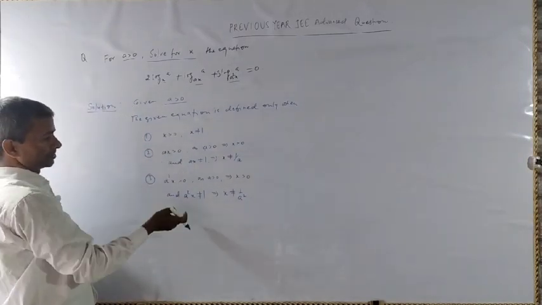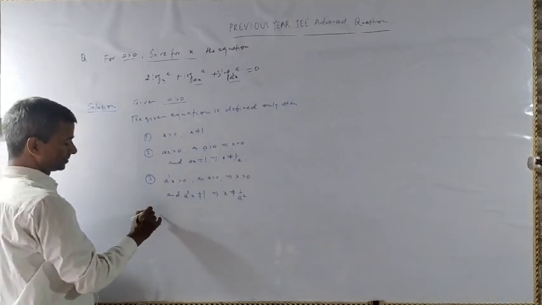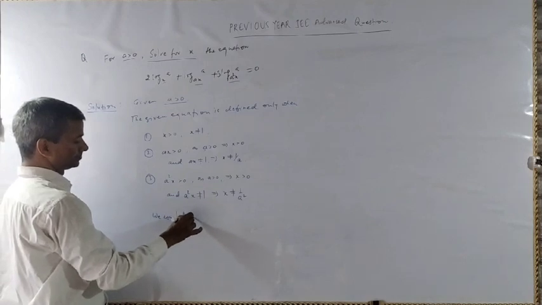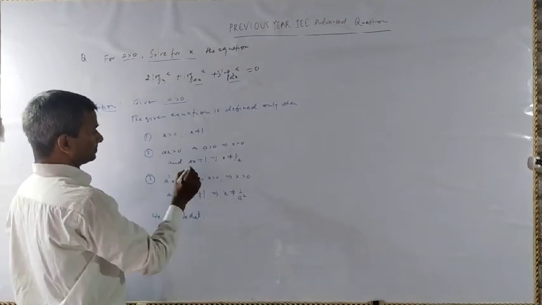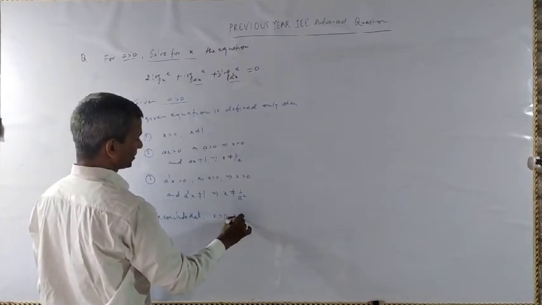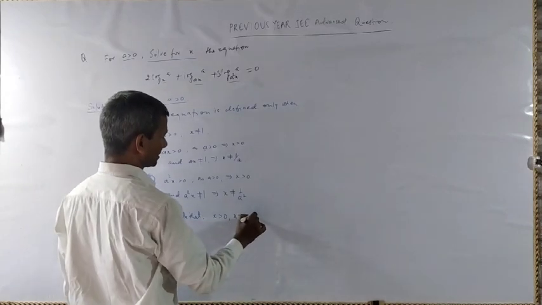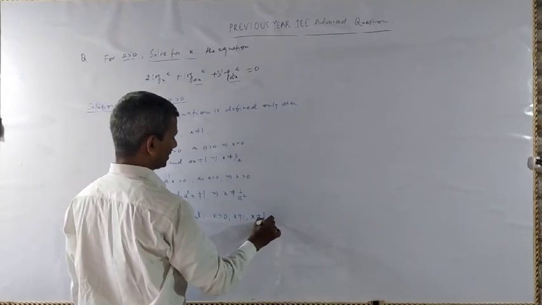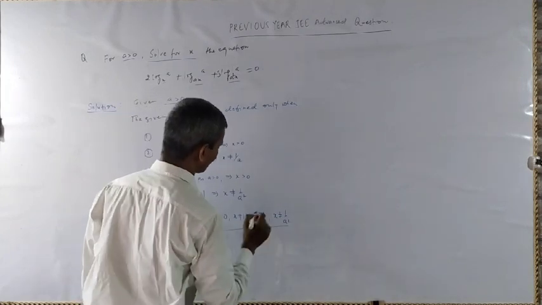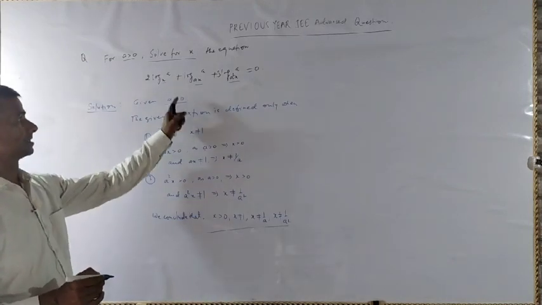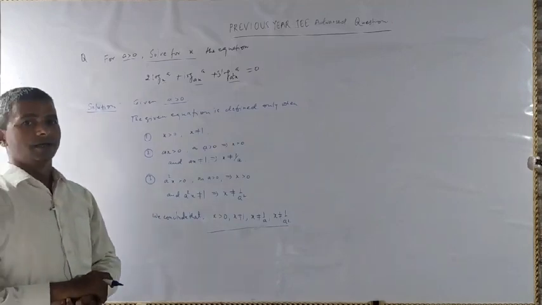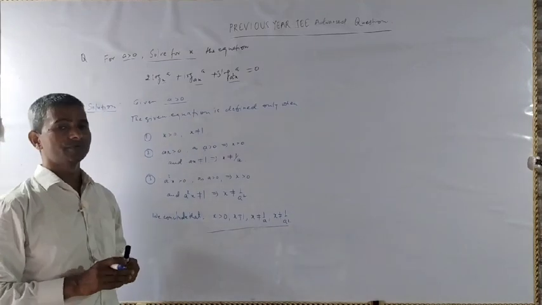Taking all these into consideration, we conclude that x should be greater than 0, x is not equal to 1, x is not equal to 1 by a and x is not equal to 1 by a square. Under these conditions, this equation is well defined. Now, we will try to solve the above equation.